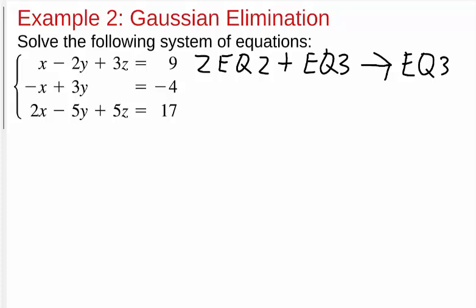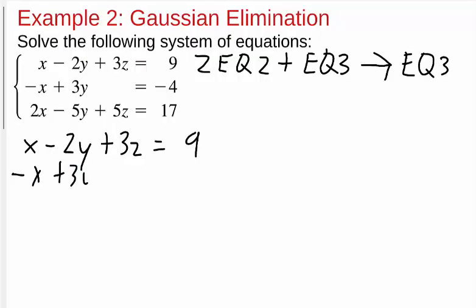So let's do that. So let's start off by writing out the equations that are unchanged. So we start with x minus 2y plus 3z equals 9. This equation also won't change. So we have negative x plus 3y equals negative 4. Now, our third one will change, so let's do this so we know.